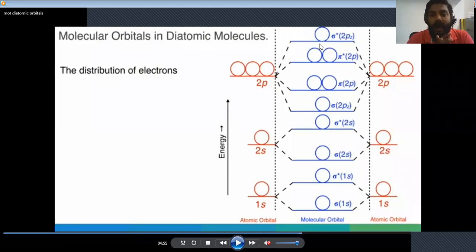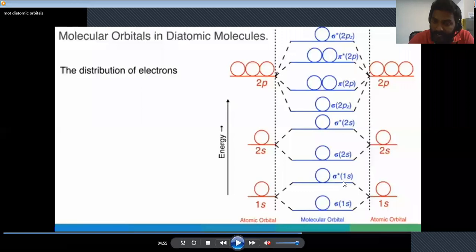These are in order of energy levels. Anti-bonding orbitals have more energy.